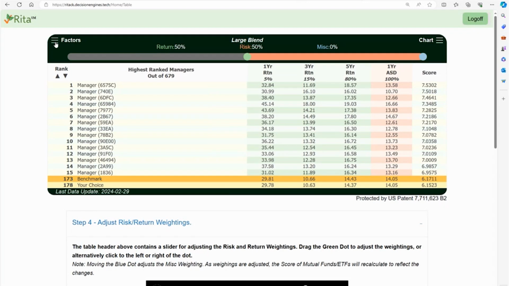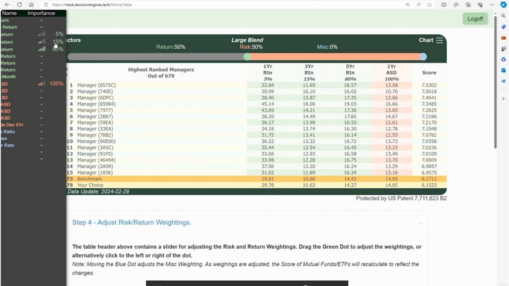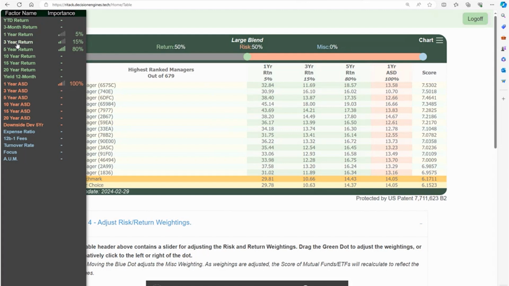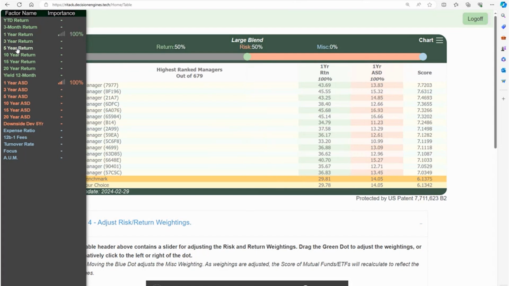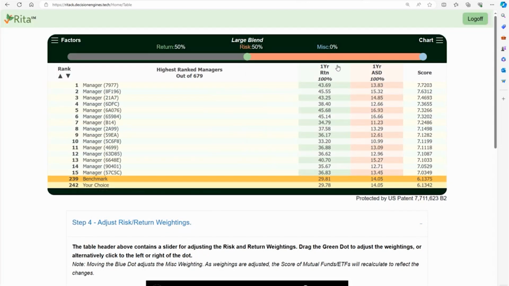What that means is in a normal market, that average return could vary by plus 13.58 or negative 13.58. In other words, it could be 13.58 more than the 32.